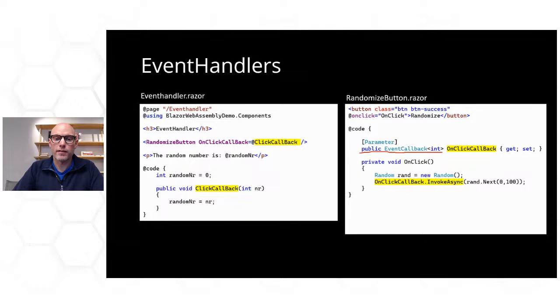And then somewhere in our code, we can call this event handler with invoke async. And that will then be handled in the parent component with, in this case, on click callback and then the callback for that.